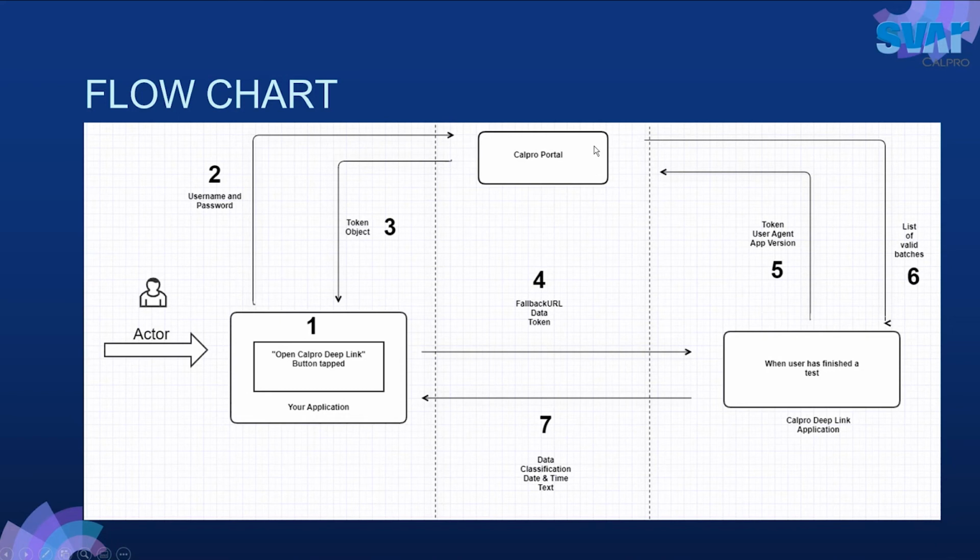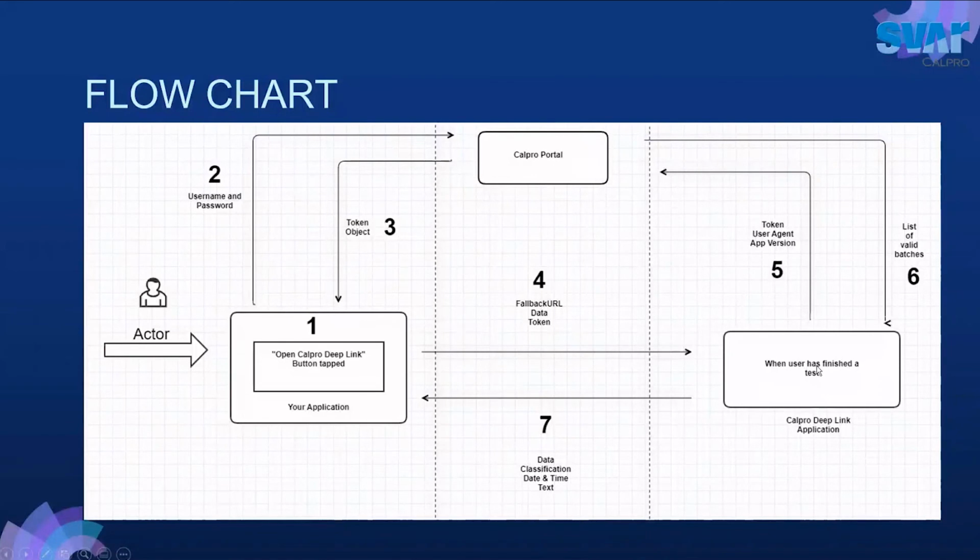Integration user means the one user that wants to link the app with our portal. Then from our portal, the token object will be given to your application. After that, the fallback URL data token will be moved over to CalproSmart DeepLink.